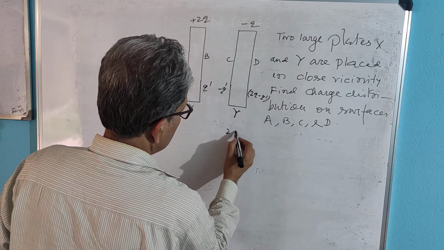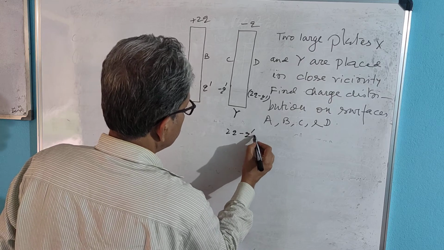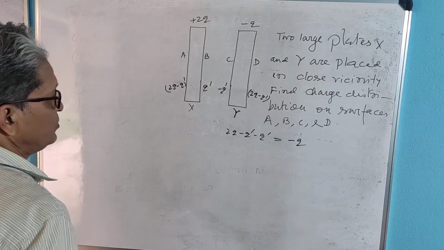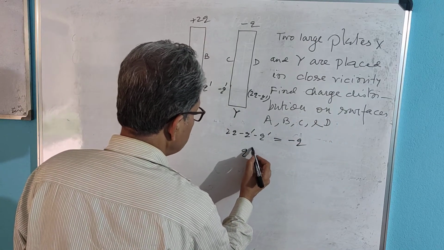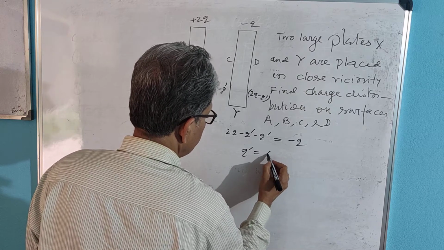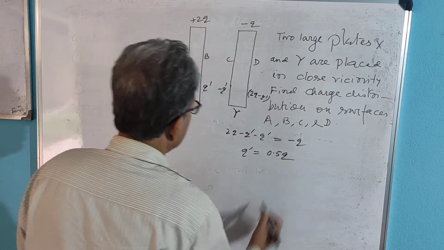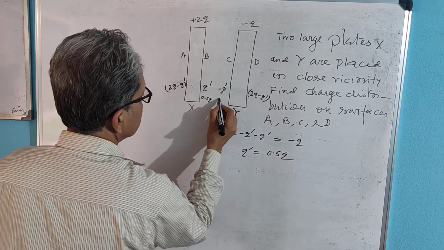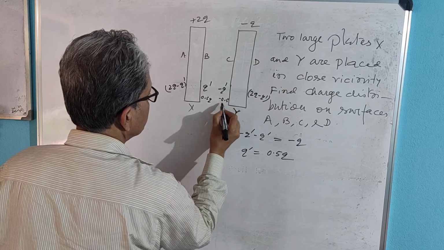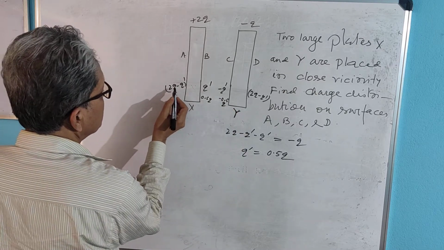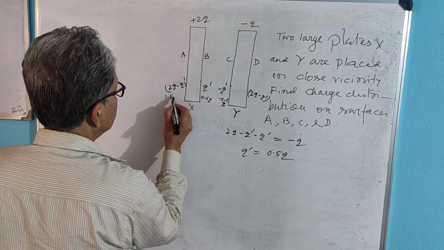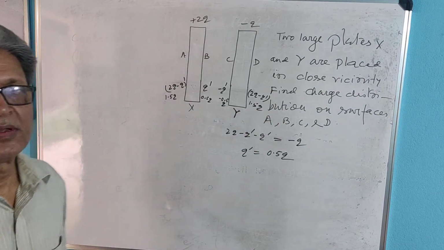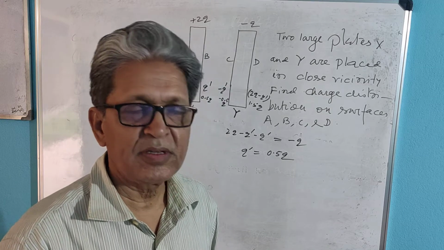Total charge 2Q minus Q dash minus Q dash will be equal to minus Q. So twice Q dash equals Q, so Q dash equals 0.5 Q. Here there will be 0.5 Q. Then 2Q minus 0.5 Q is 1.5 Q. Here there is 1.5 Q. Problem solved. It did not take even 1 minute.